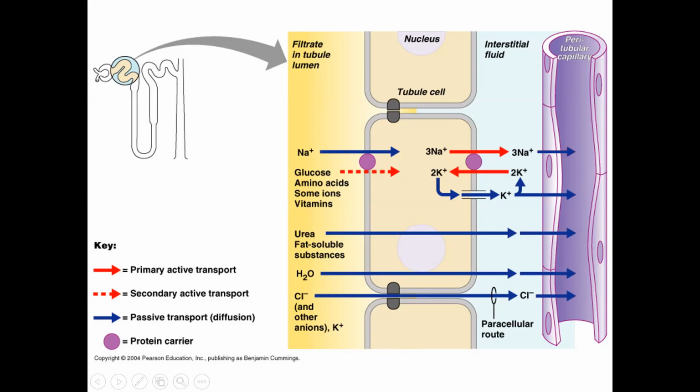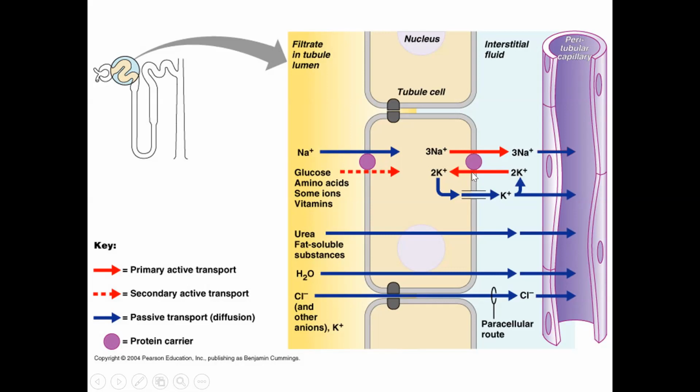All right, so let me summarize this process. The whole purpose for this mechanism is to move glucose and amino acids back into blood from filtrate. To do that, you need to have separate steps. Number one is on the basal membrane, this side, okay, there is a sodium potassium pump, which works constantly, pumping sodium out and pumping potassium in.